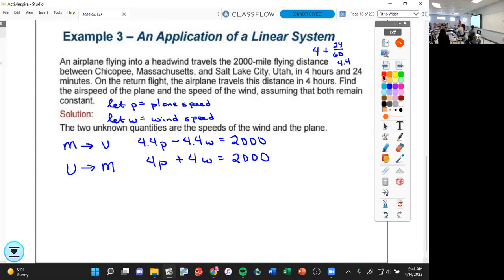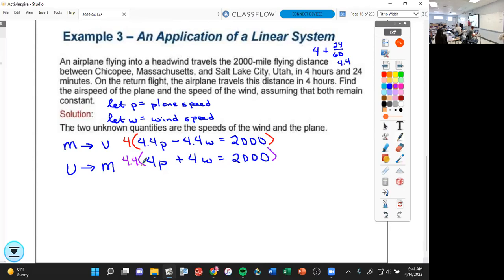One's positive, one's negative, be pretty easy. If we took the first equation and multiplied it by 4, and the second equation and multiplied it by 4.4, can you see that that would in fact eliminate the wind?